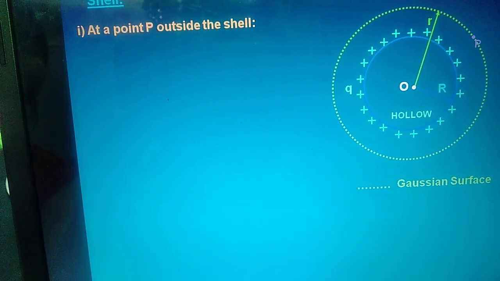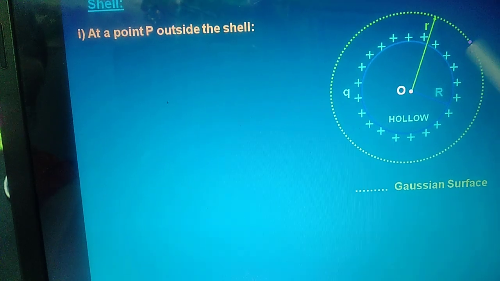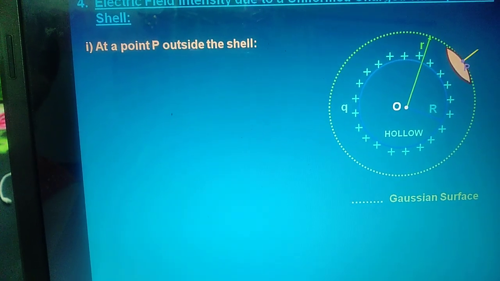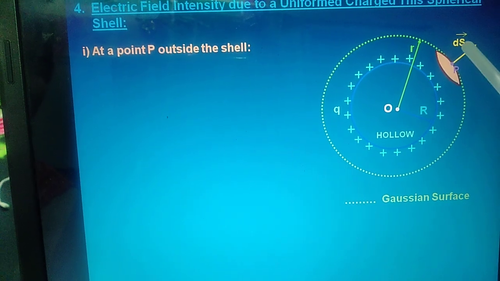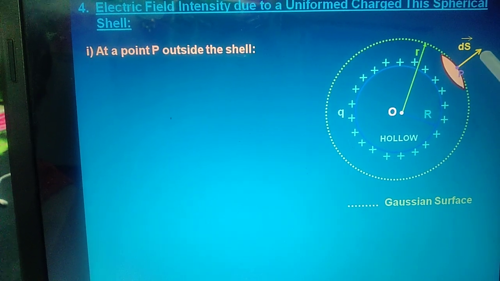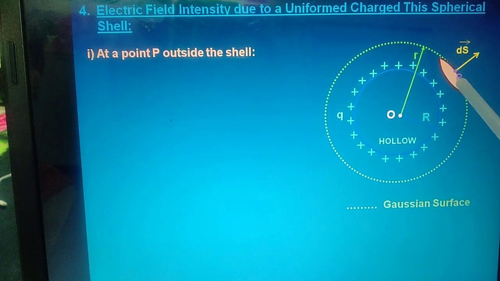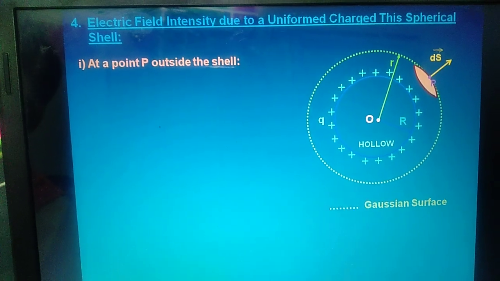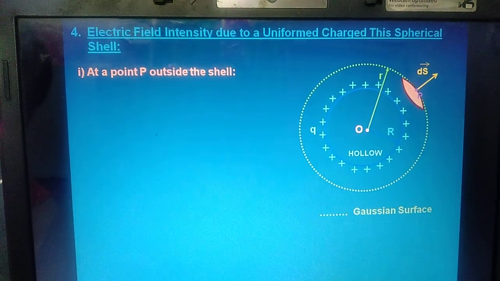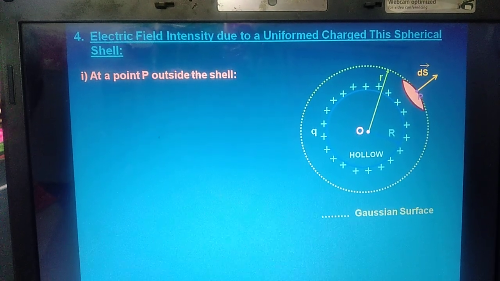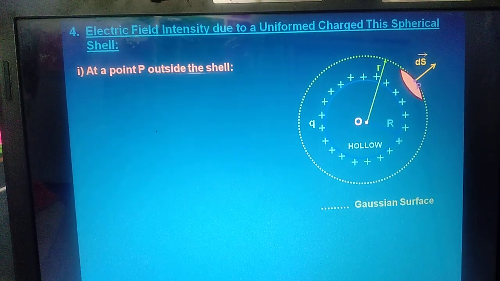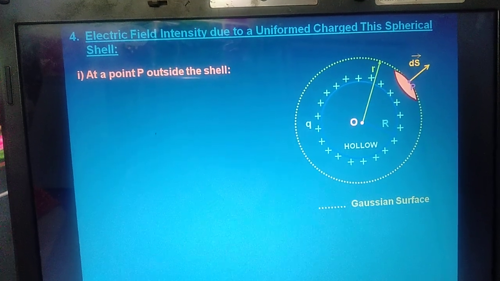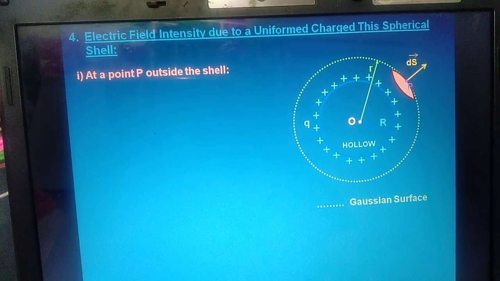Now again we will take a small surface element. See here, this is the small surface element, and ds is the area vector, drawn normal to this surface. On a sphere, you take a small surface and draw the normal in the outward direction, right?